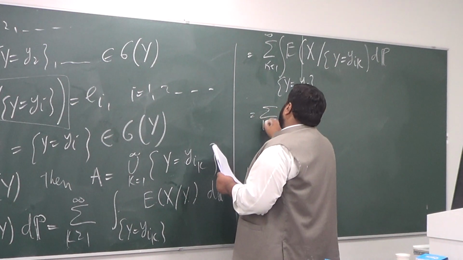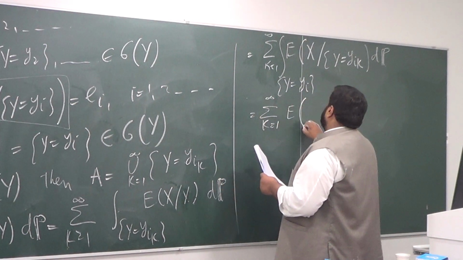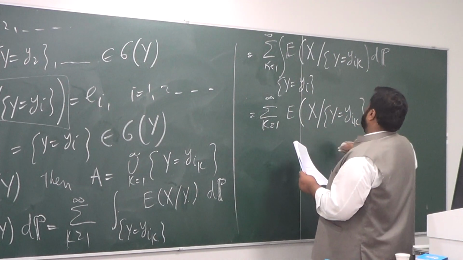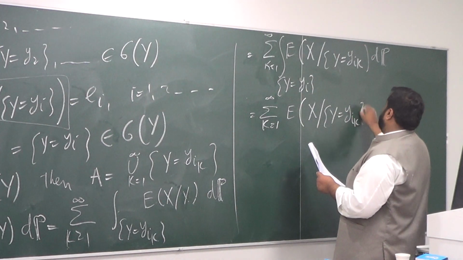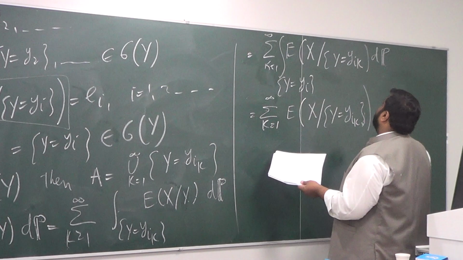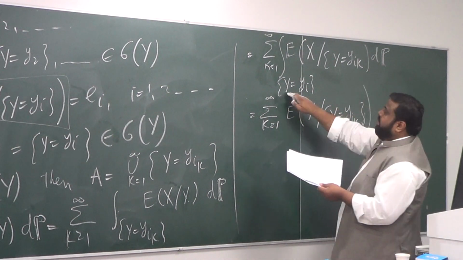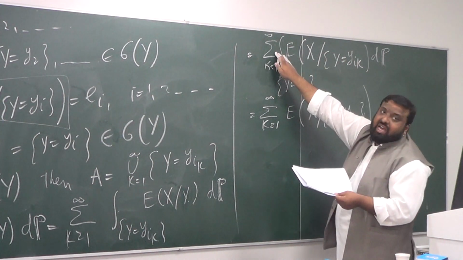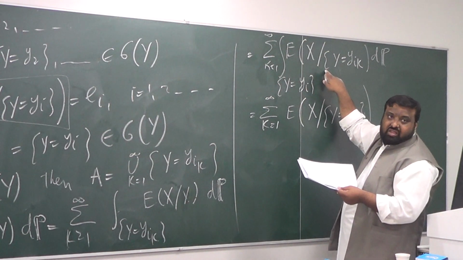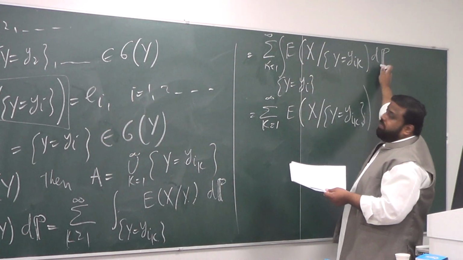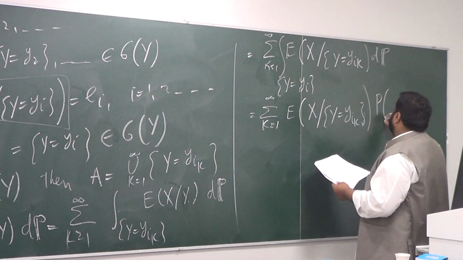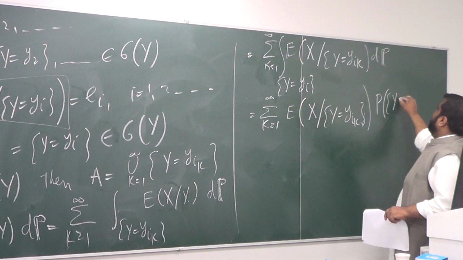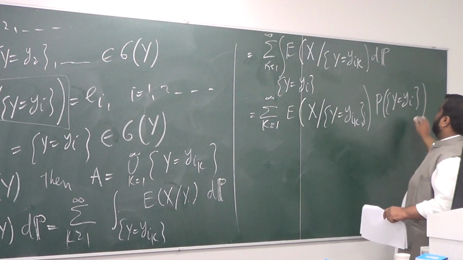So what I'm going to get is the sum over k of the conditional expectation of x given y equal to yik, multiplied by the probability of this event. You can think about it: if this guy is out, you're going to have a 1 here, so you'll have an integral of this event with respect to the probability measure. This would be equal to the probability of y equal to yi.